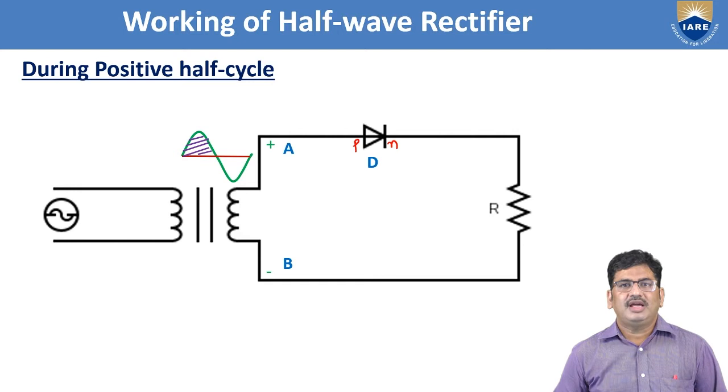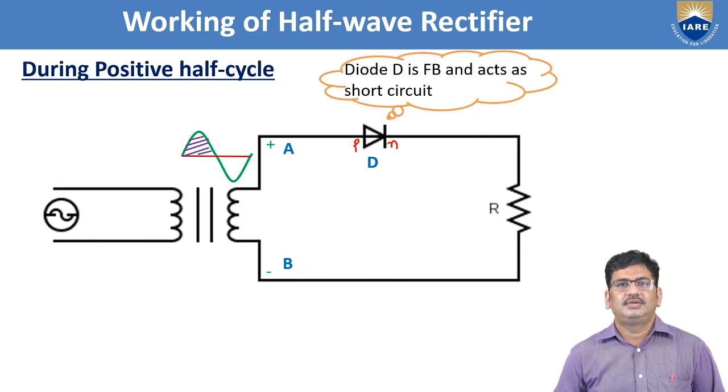Here, the diode D is forward biased, and in the ideal case, we can replace the diode with a short circuit. So diode D is forward biased and acts as a short circuit.